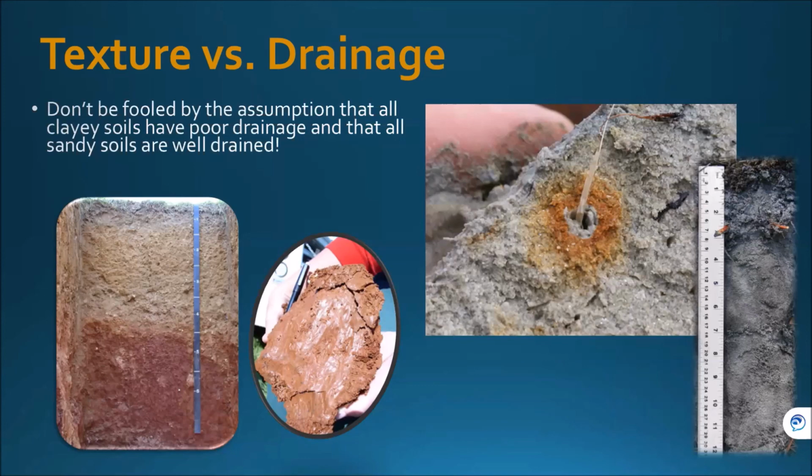It's all dependent on where the natural water tables are in these soils. So you can have well drained clays and you can have poorly drained sand. So just because we've got some textures conflicting with what seems to make common sense, you have to get back to evaluating the materials of the site.